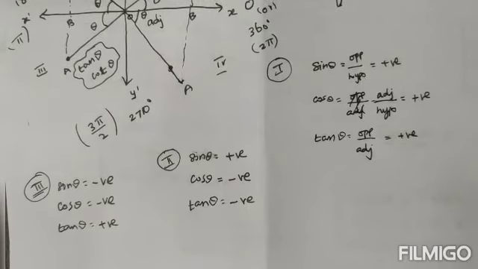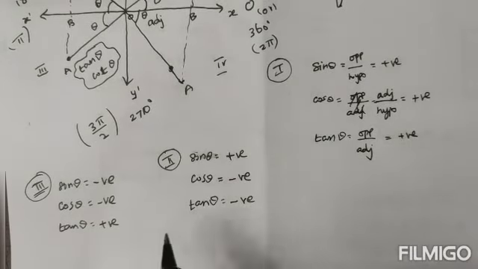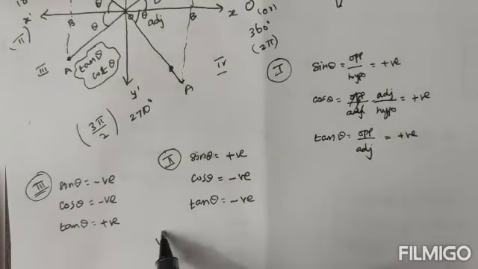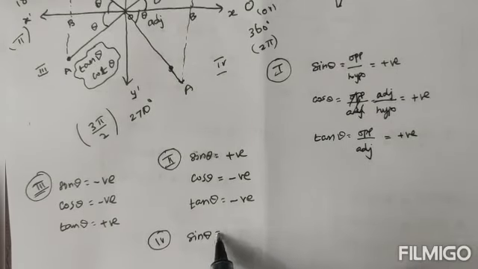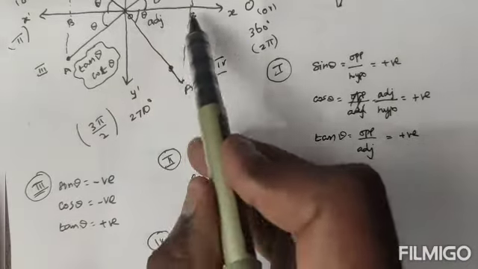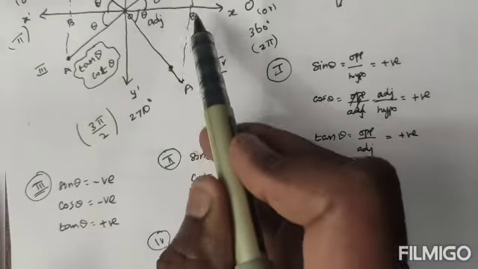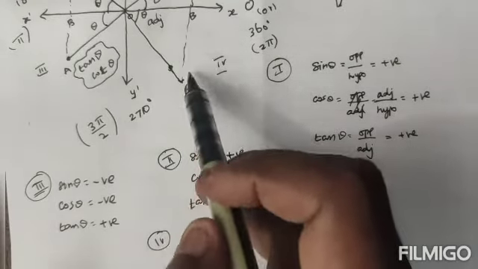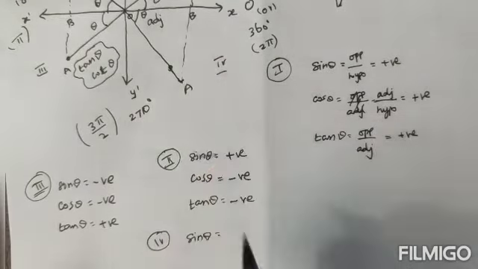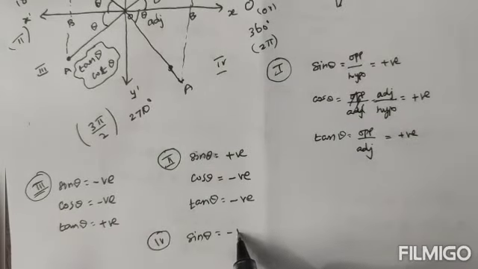Please listen. In the fourth quadrant, first sin theta. Sin theta formula is what? That is opposite divided by hypotenuse. Opposite, that is y dash, then hypotenuse. So one value is negative, so sin theta is negative, like that.